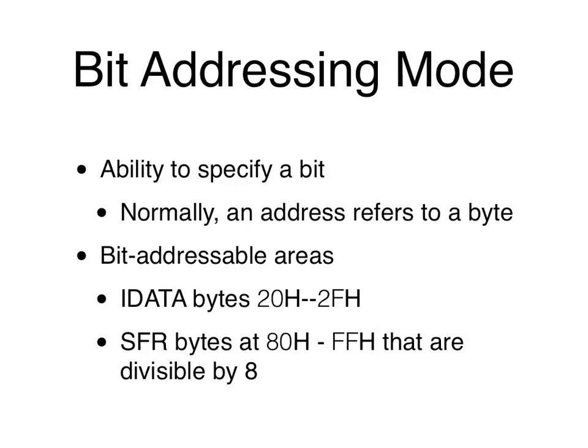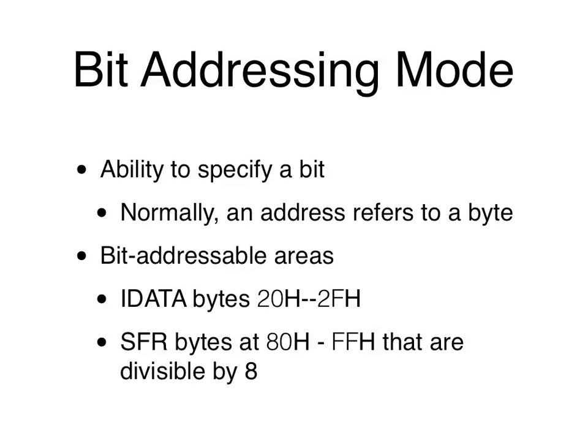And then for the special function registers, the bytes 80 hex, 88 hex, 90 hex, 98 hex, A0, A8, B0, B8, and so forth to F0, F8, those are the bit addressable bytes. Does that sound confusing?